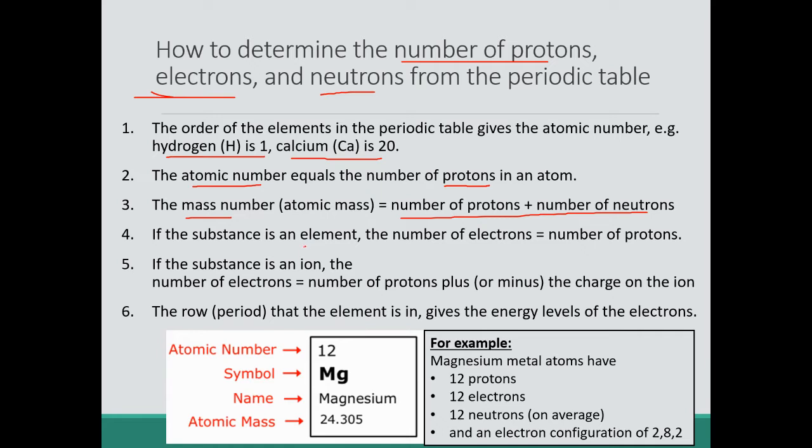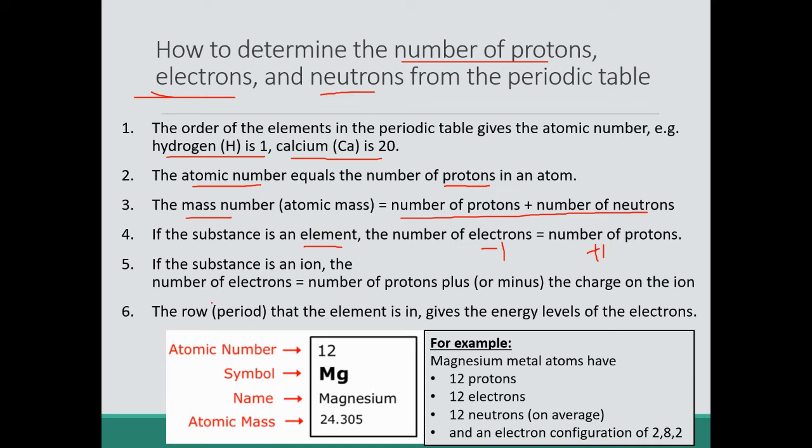If a substance is an element, it's going to have no charge. It's going to be neither overall positive nor overall negative, so that means it's got the same number of electrons. Electrons have a charge of -1 and protons have a charge of +1, so if the number of electrons is the same as the number of protons, then the charge is going to cancel out, and overall atoms of elements have no charge.